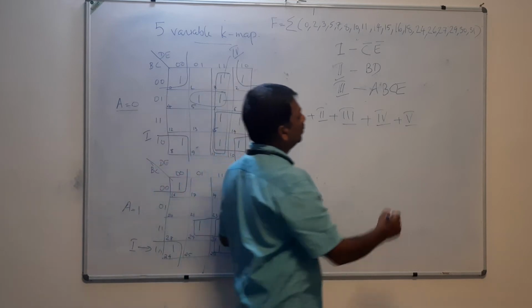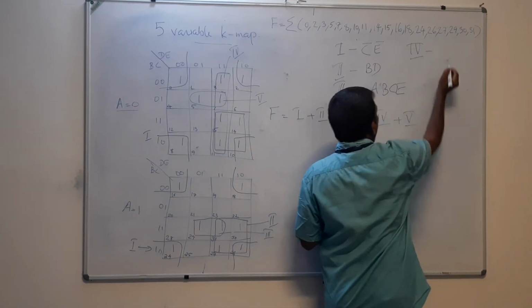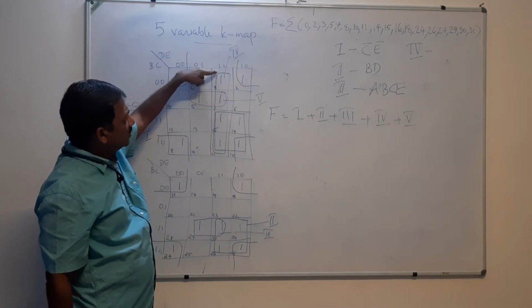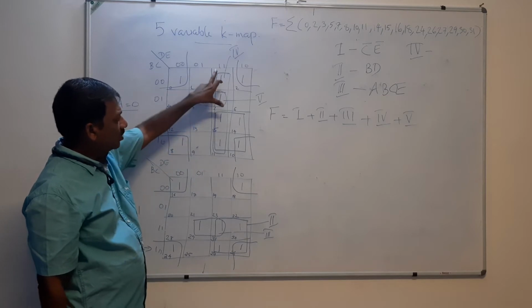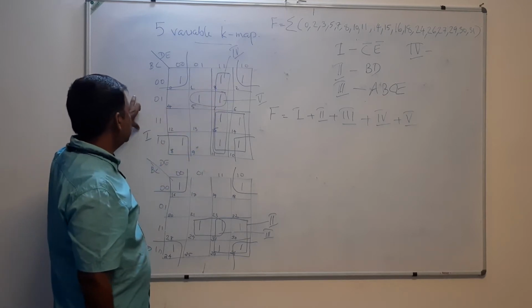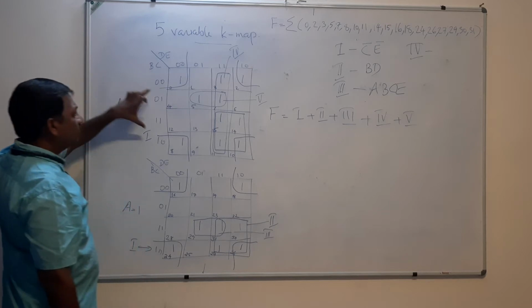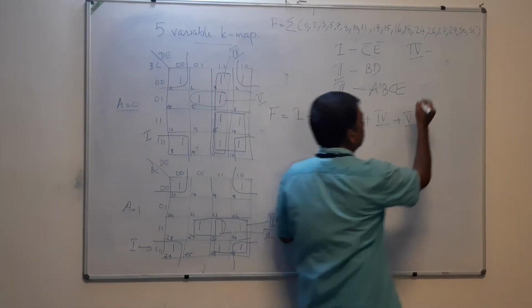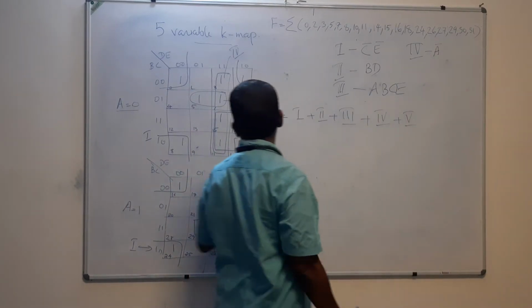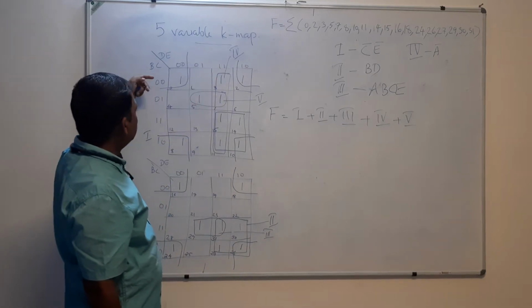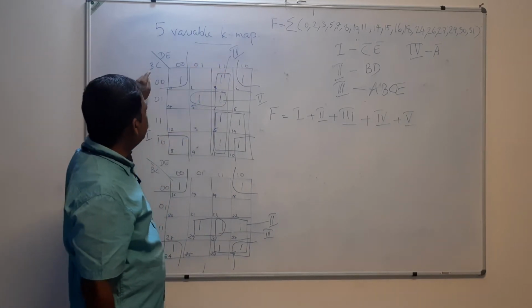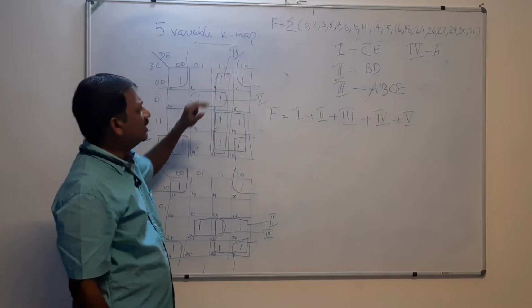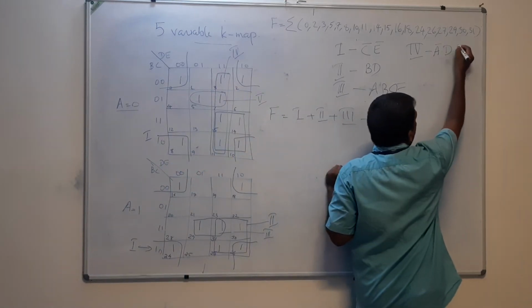What is the fourth one? The fourth one is here. This is a part of the first map only; in the second map it doesn't exist. That means A equal to 0, which means A bar. Here B and C are varying, B and B bar, C and C bar, so those will go, and what remains is DE. That means A bar, DE.